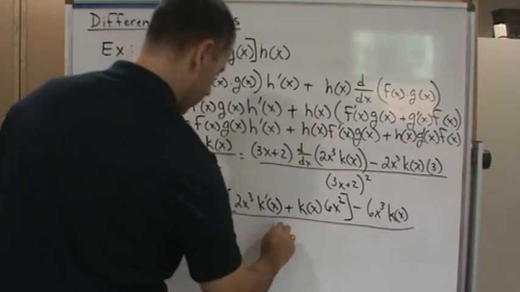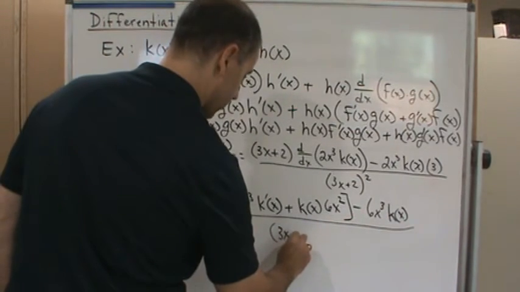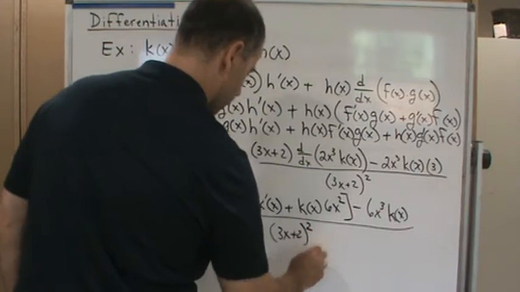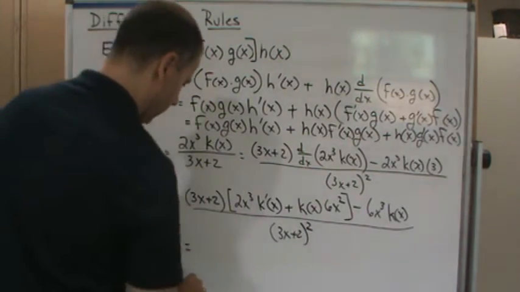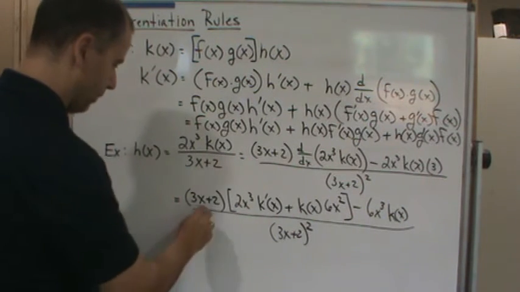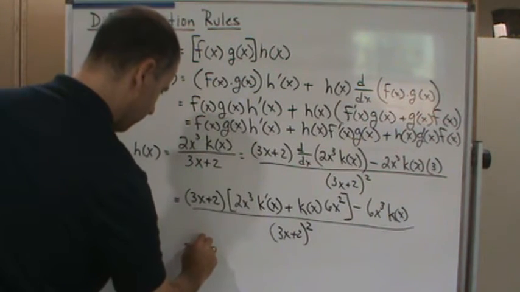And again, this is over 3x plus 2 quantity squared. And now we're going to simplify this. Now we're going to distribute this.